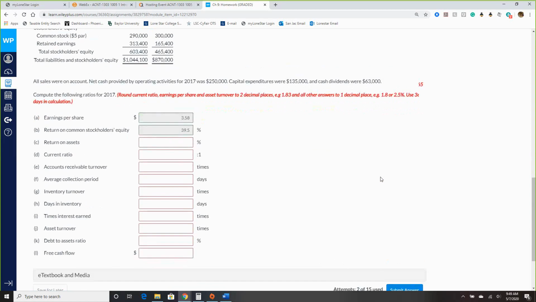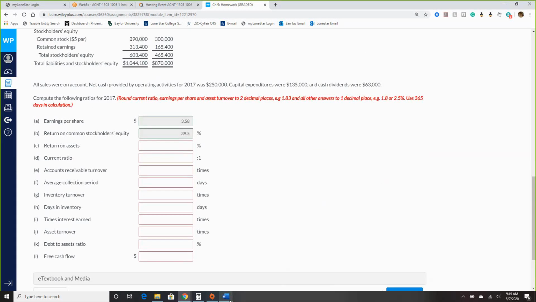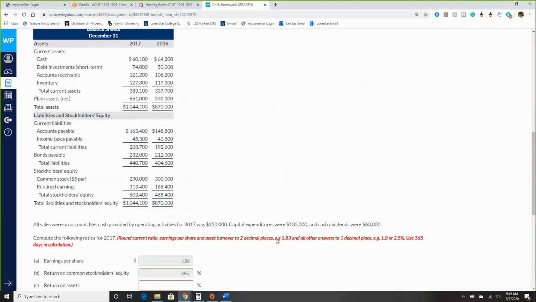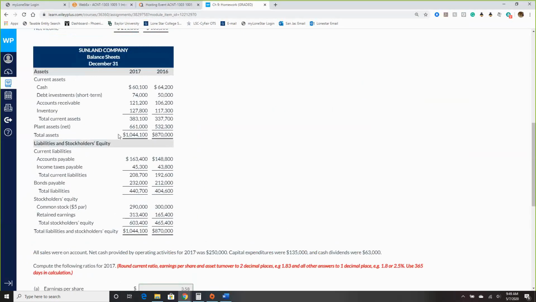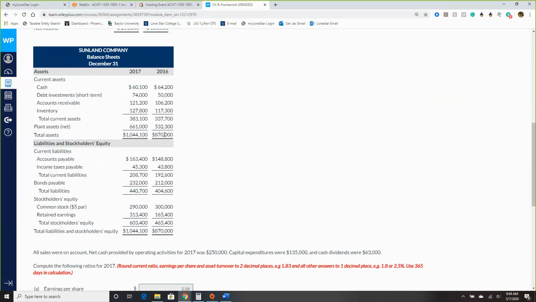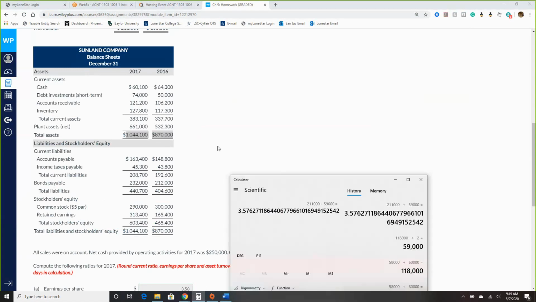Okay. Third formula, return on assets. So look, they're really staying in the profitability ratios right now. So return on assets is net income divided by average total assets. Another average going on, but at least we know this one. Average total assets right here. So we're going to take these and do what we've been doing, add them together and divide by 2.